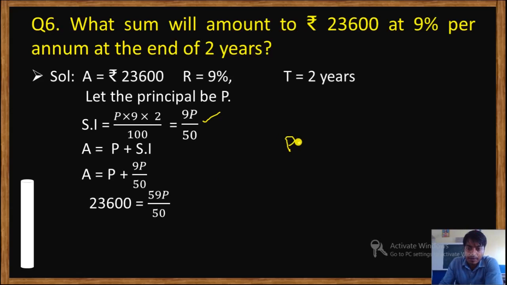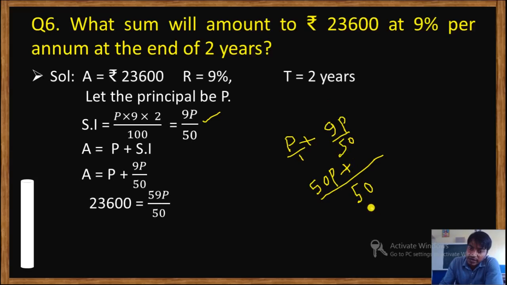P plus 9p by 50, okay. Here we can give 1, take the LCM, 50 will be the LCM. Now divide by 1 to 50, and we'll get 50 only, then 50 into p, here we'll get 50p, okay, plus divide this 50 by this denominator 50.